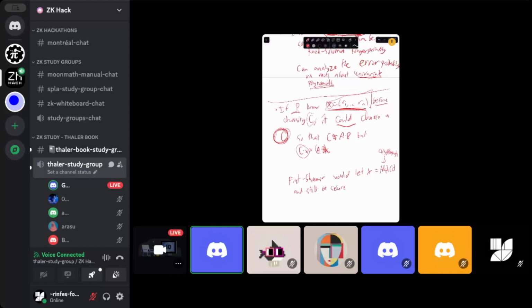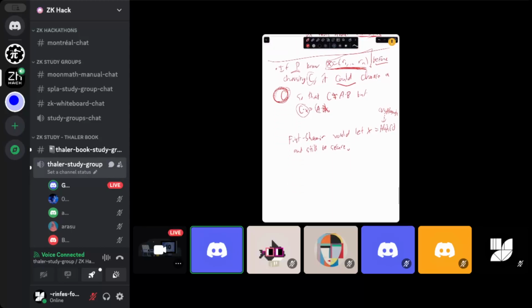But as I described this protocol today, forget about Fiat-Shamir, say the verifier chooses X at random, after the prover sends C. And so clearly the prover doesn't know X when it selects C.